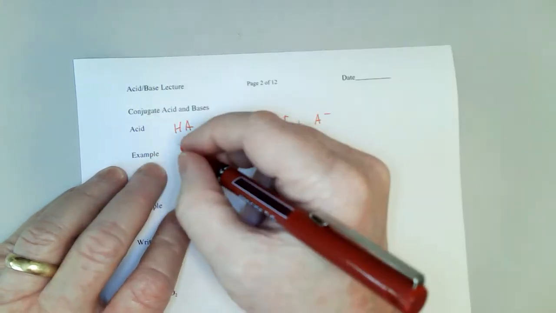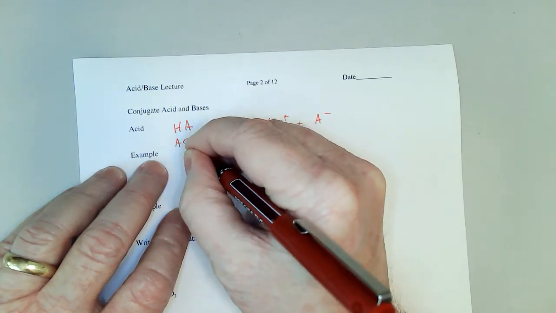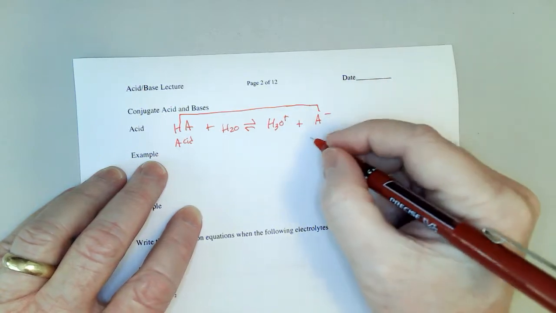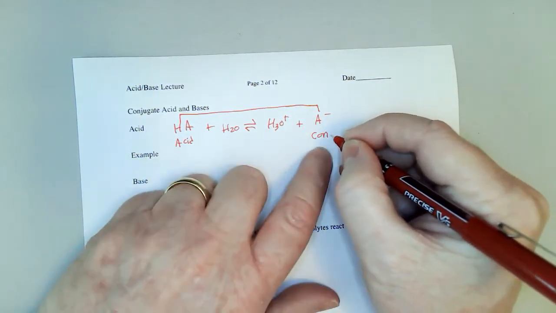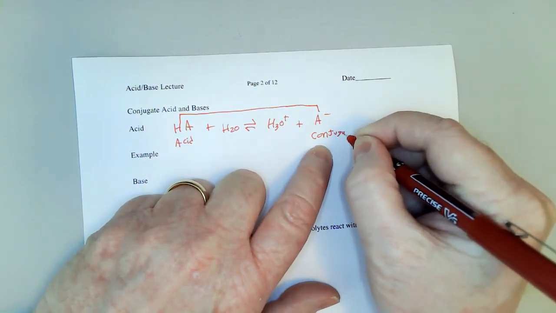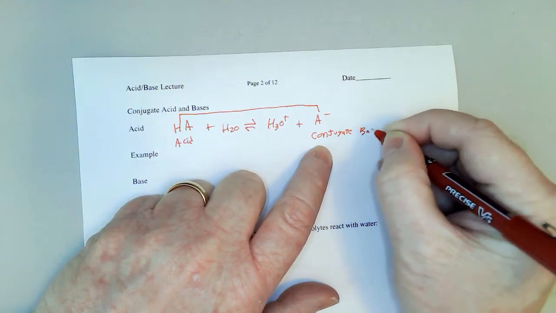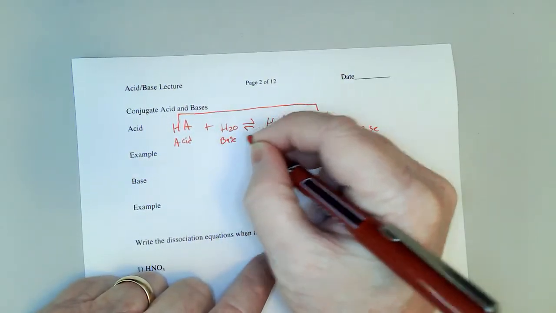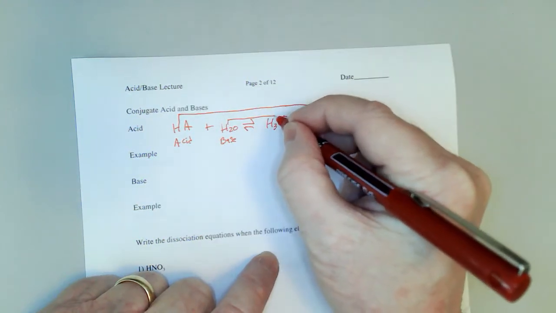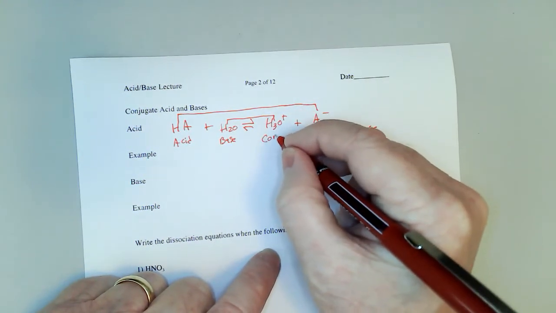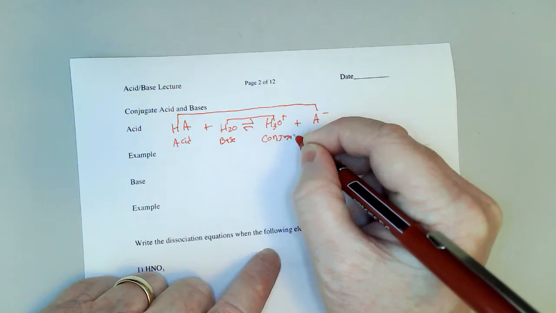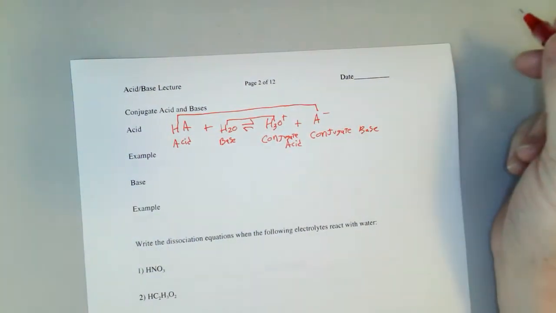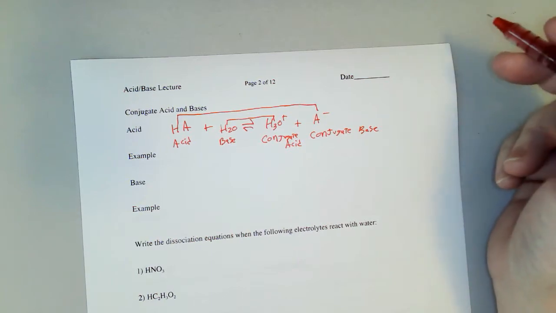Now, HA is our acid, which means A- will be the conjugate base. Acids react with bases, so H2O would be acting as a base, and H3O+ is its conjugate acid. What's the difference between an acid and its conjugate base?